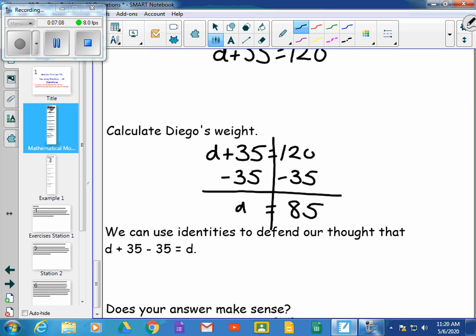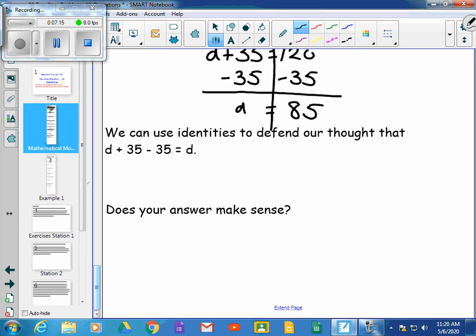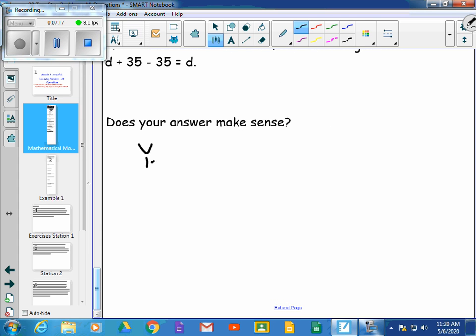So D equals 85 pounds. Finally, does our answer make sense? Yes, D would be Diego. Diego's weight is going to be 85 pounds.